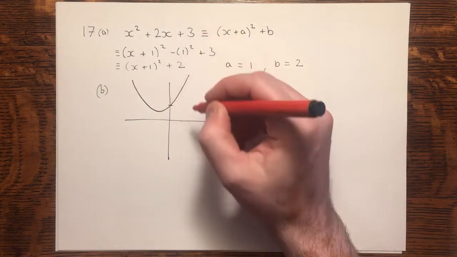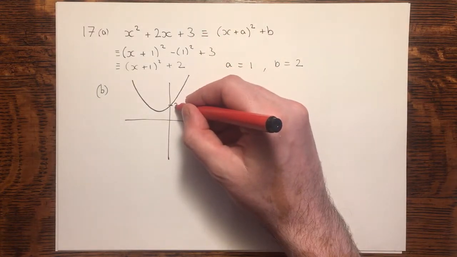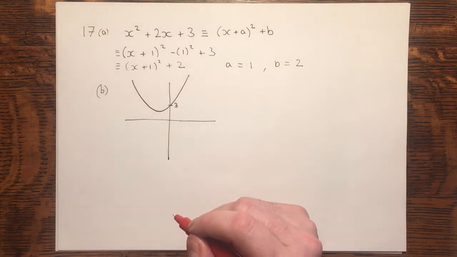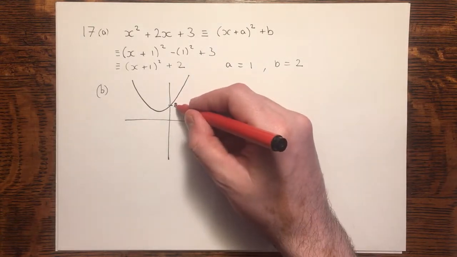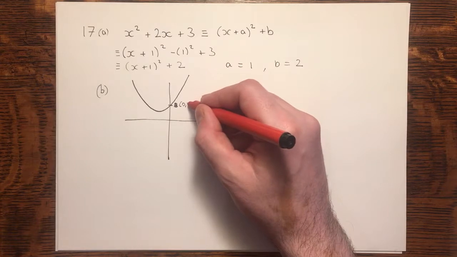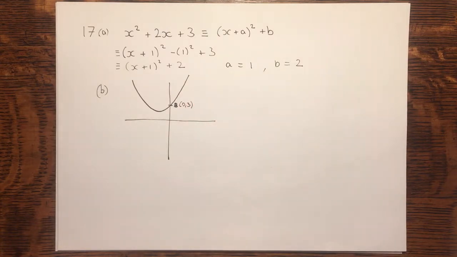I know from the expanded form of the equation that the intercept will be at 3, or its coordinates 0, 3.